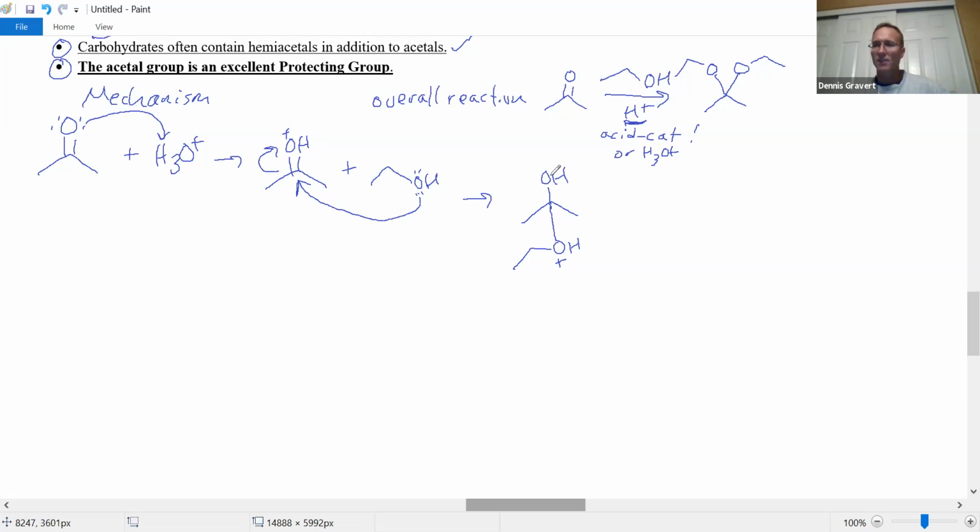We actually had a negative oxygen and a nitrogen with a positive charge here. So what happened then? The oxygen uses a lone pair to grab that H plus. You can take that same shortcut. I'll allow that. However, I also want to show you the hemiacetal. The alternate step is you bring in another alcohol molecule or a solvent, or you could use water, and the solvent grabs an H plus.